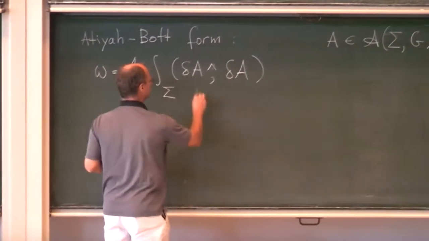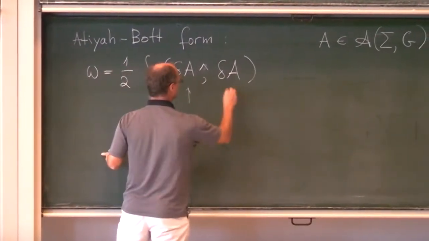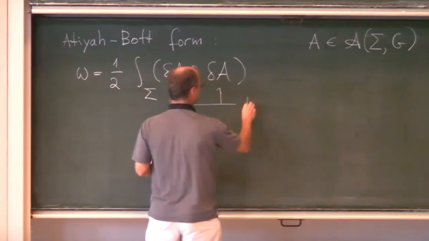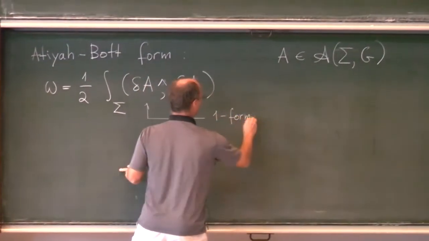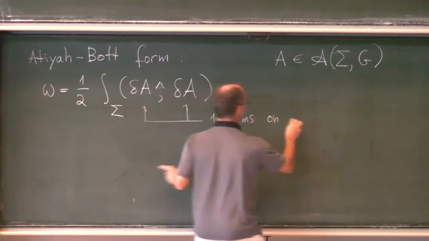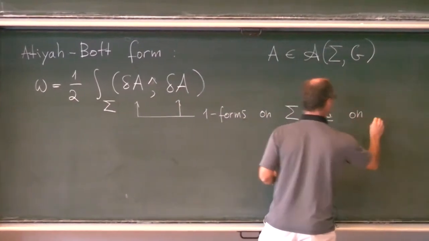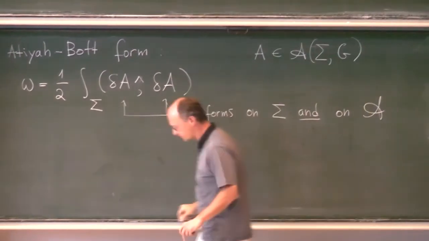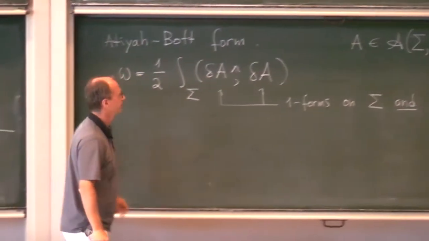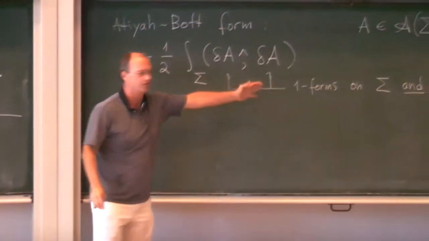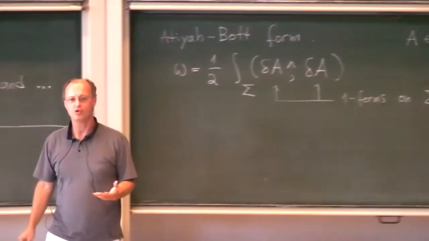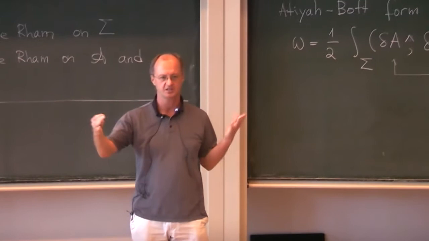Now, what is interesting? Those delta A's are 1 forms both on sigma and on capital A. Right? So in principle, you can think of those objects as of forms on the product of sigma and capital A.